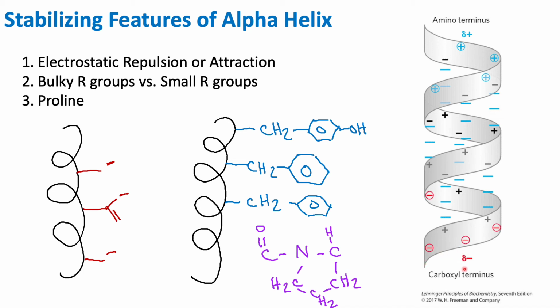So if we have negatively charged R groups over here on that carboxyl terminus, like aspartate or glutamate, there's going to be some repulsion, because we'll have the negative charges of aspartate and glutamate at higher pH values, and that repulsion with the carboxyl terminus is not favorable.